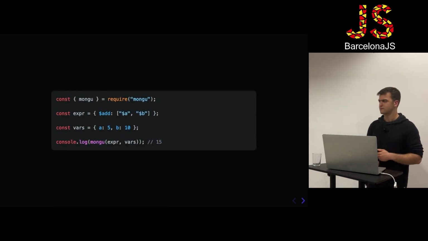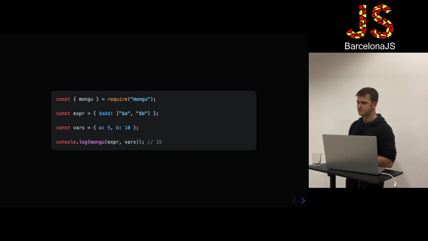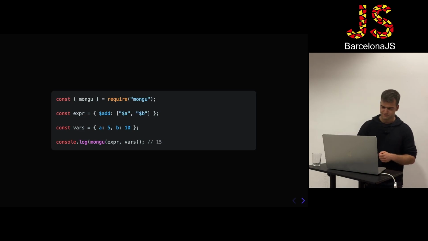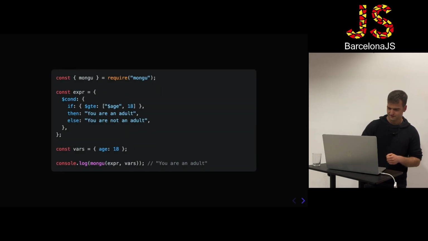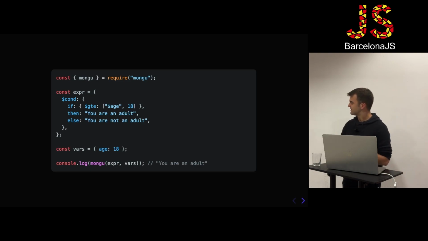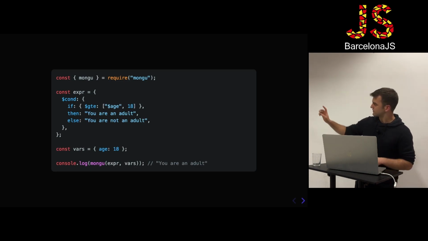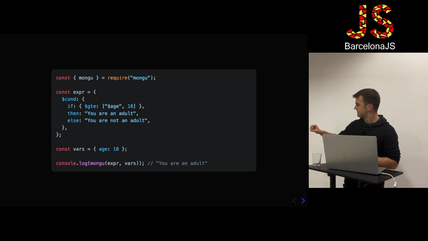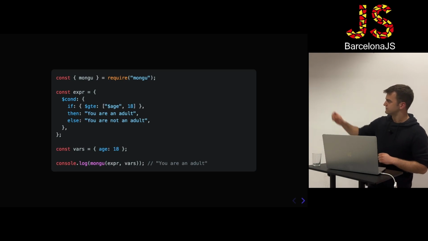There are a lot of operators that can be used. Here, as you can see, there are arithmetic operators like the add operator. There's also the condition operator. In this case, we get a string that says if you're an adult or not, depending on the condition.